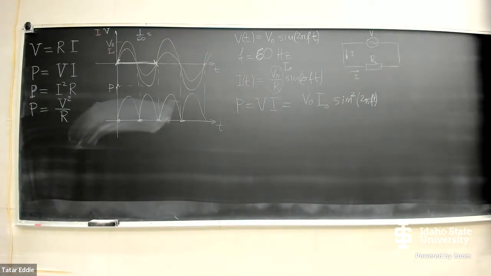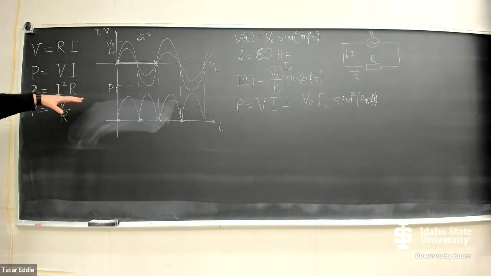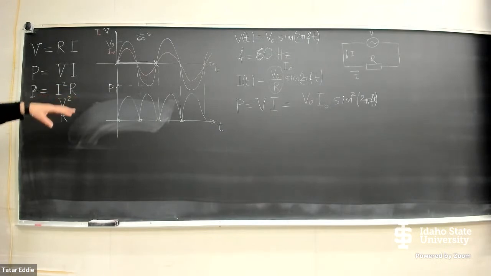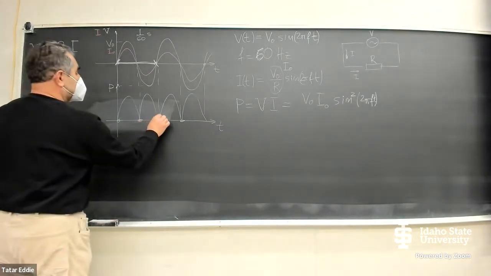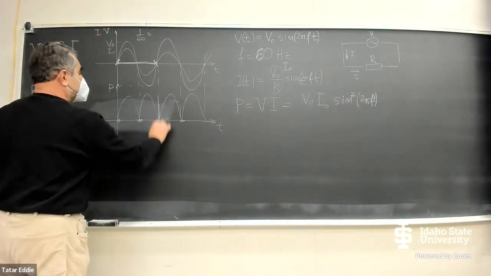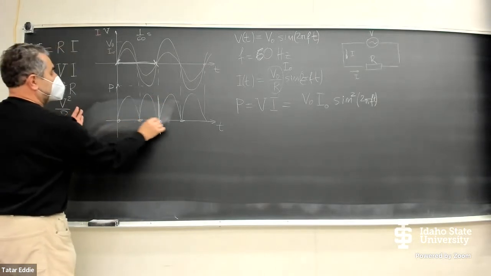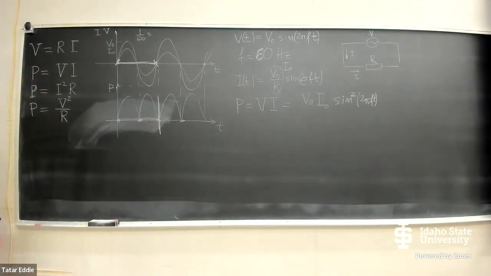The question is, what is the average of this constantly changing power consumption? And look, averaging over time, you can do graphically very easily. So let's say you want to average over time for this time interval, for one period, let's say.